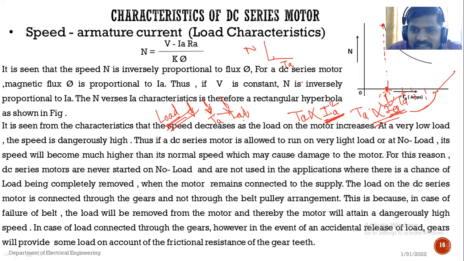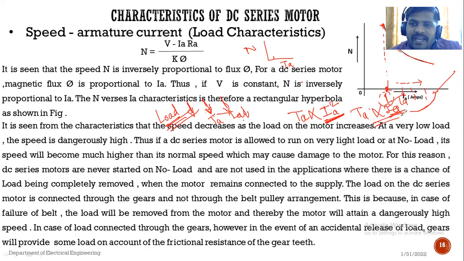And if we increase the armature current gradually, then the speed of the DC series motor will be reduced gradually. As armature current increases, the speed reduces slowly. When does armature current increase? When your torque increases. When does torque increase? When your load increases. That means at a minimum value of load, the speed of the motor is dangerously high.